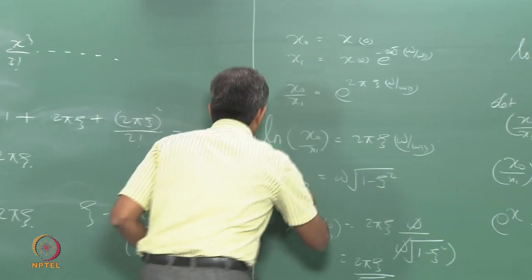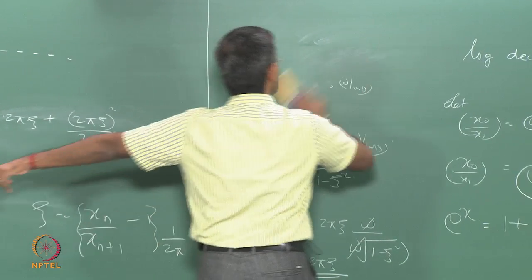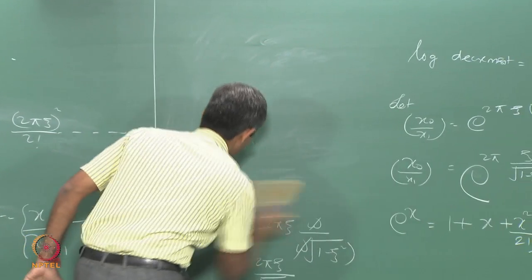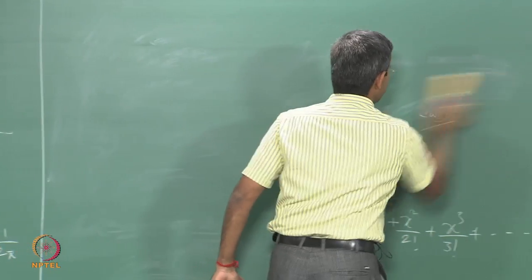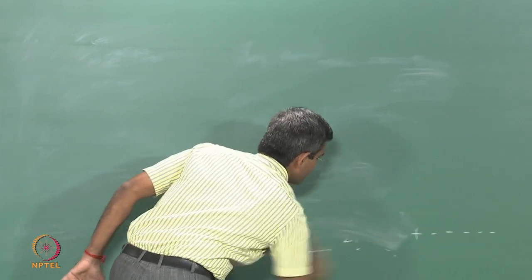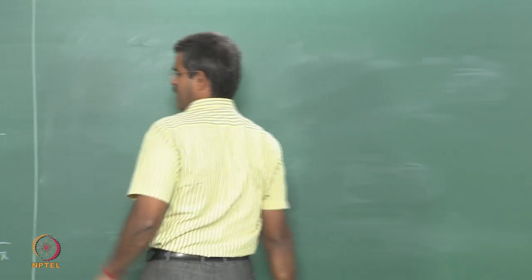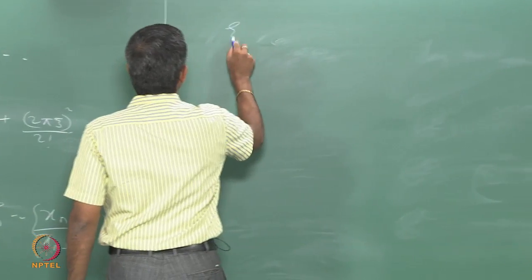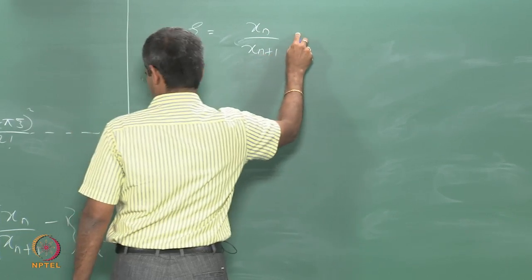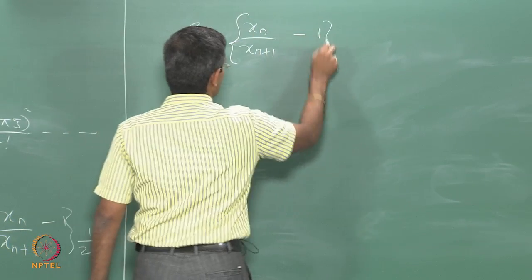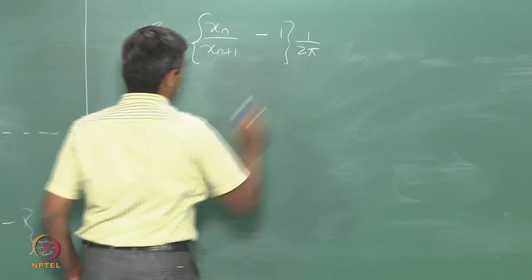Now, let us draw a curve and pick up the mth amplitude and generalize this equation quickly. So, write the equation here, zeta is x n by x n plus 1 minus 1, times 1 by 2 pi.